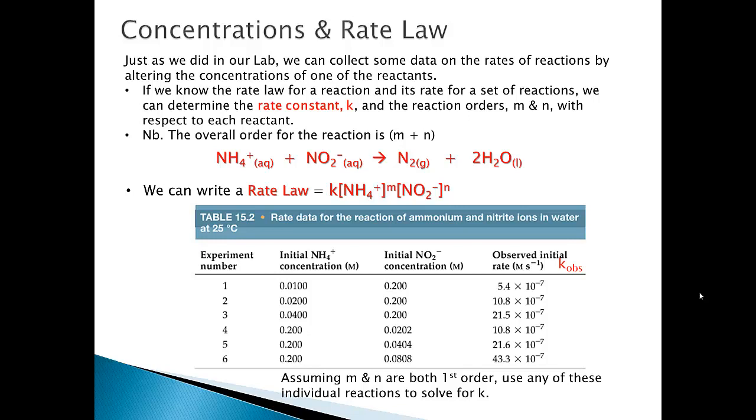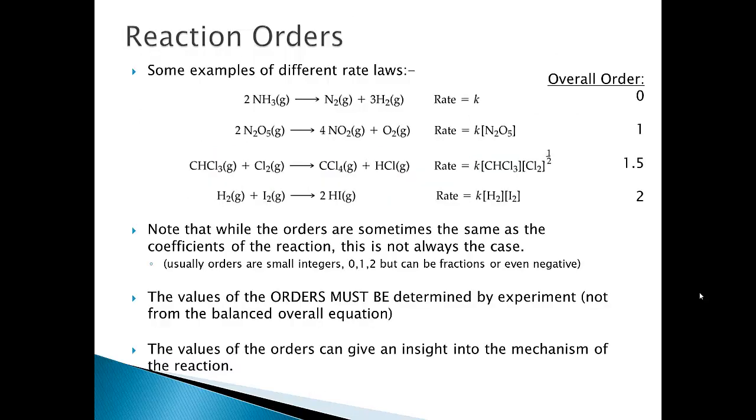So that means that m and n are both first order. If doubling the concentration doubles the rate, then it's first order. If doubling the concentration has no effect on the rate, then that's zero order.